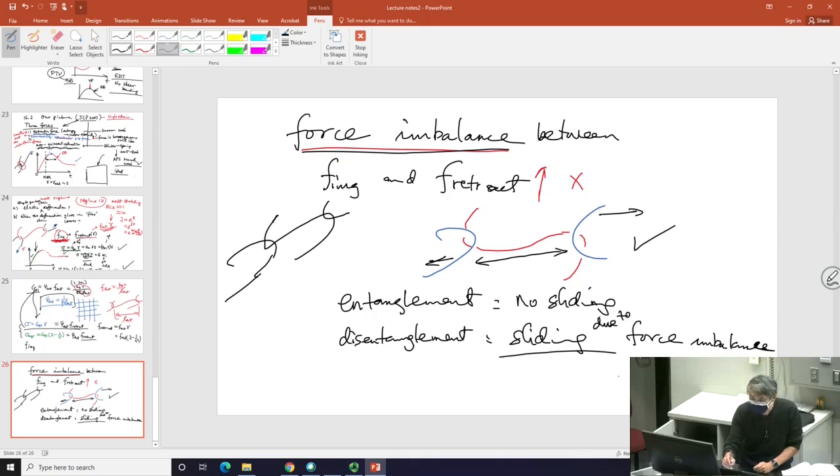So with this scenario, it is very clear what we should anticipate with respect to a startup. It doesn't matter if it's startup shear or startup extension. There will be a point of force balance.